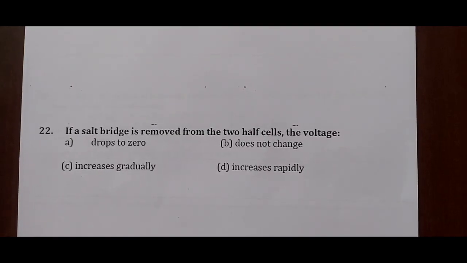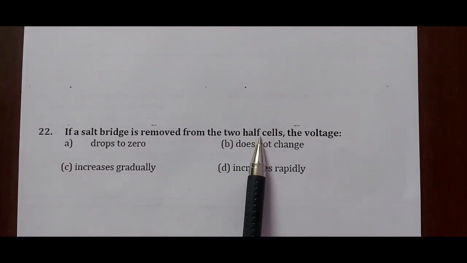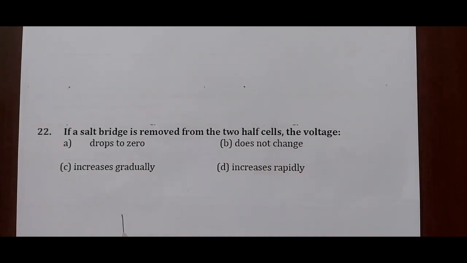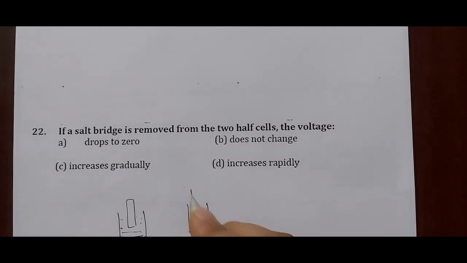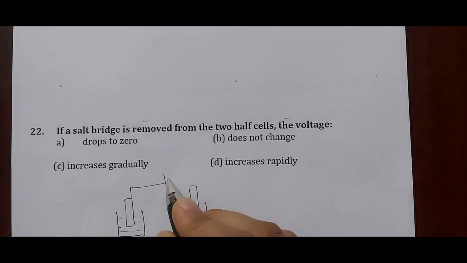Next, question number 22. If a salt bridge is removed from the two half cells, the voltage... So here, you have two half cells. This is one half cell having an electrode in it, undergoing oxidation, that is the anode. This is another half cell having an electrode in it, and both are connected here.